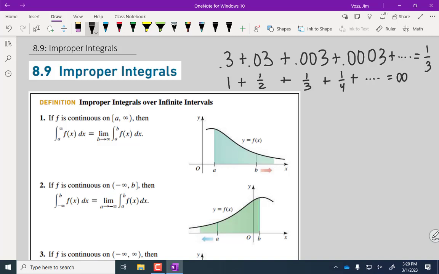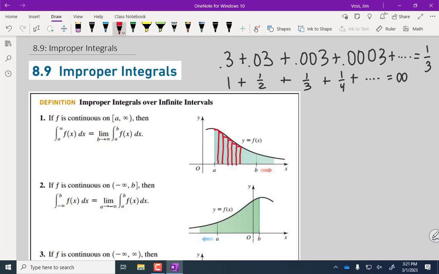You can think of these as areas of rectangles. And that's what we're going to be doing here. Our goal with improper integration is to figure out if this collection, this sum of an infinite number of positive rectangular areas, is finite or not.